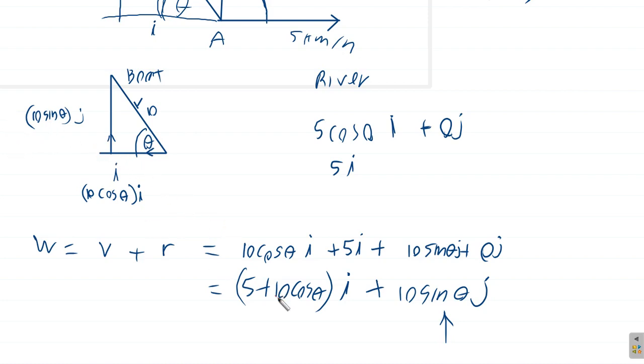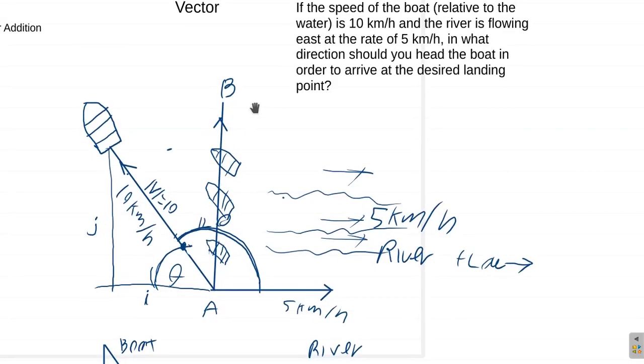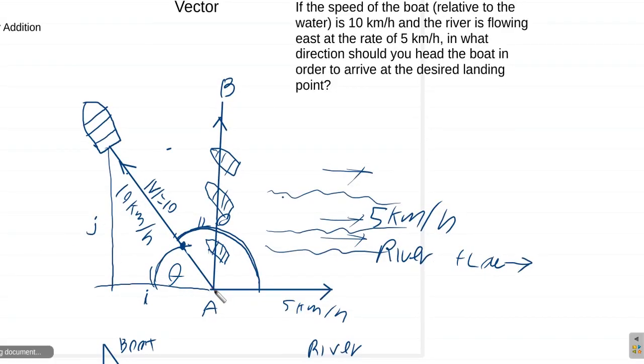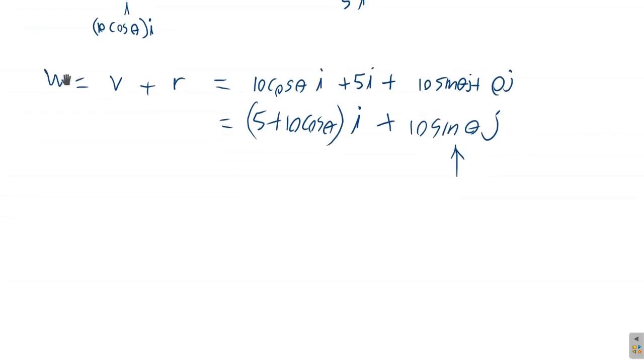So here now, this must be 0 because your aim is to make the boat go straight across. No left, no right movement. So the horizontal component must be 0. So 5 plus 10 cos theta must be 0.